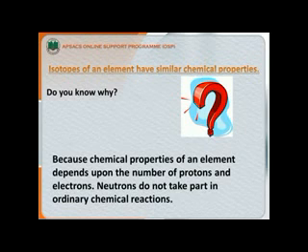We are saying this because the chemical properties of an element depend upon the number of protons and electrons. Neutrons do not take part in ordinary chemical reactions. And as we know that isotopes contain the same atomic number, that's why they have similar chemical properties.